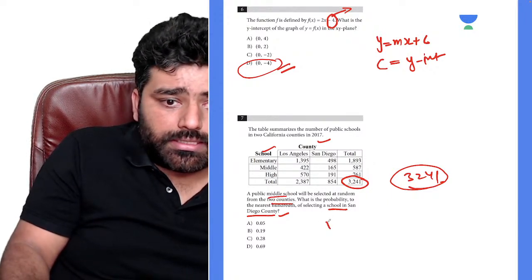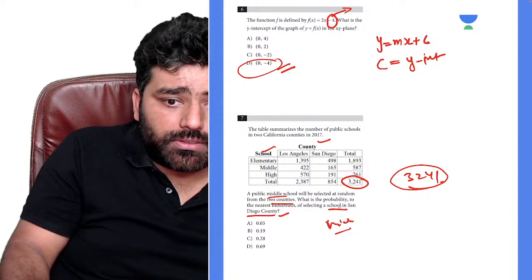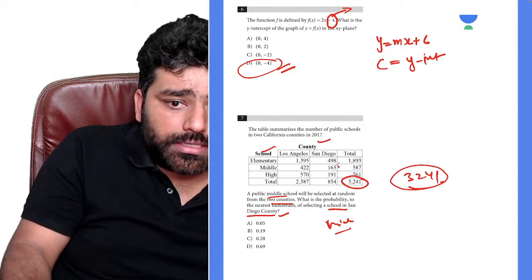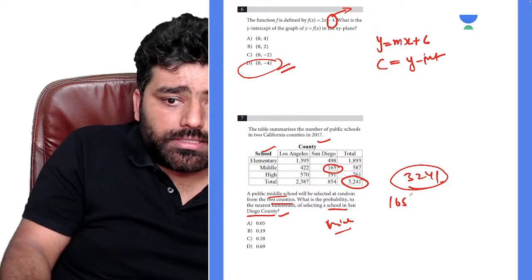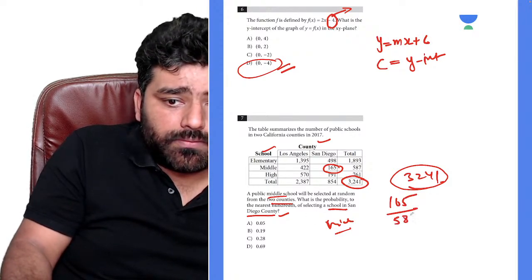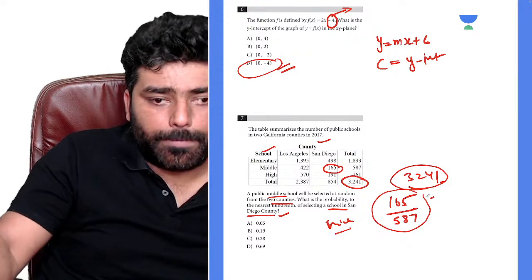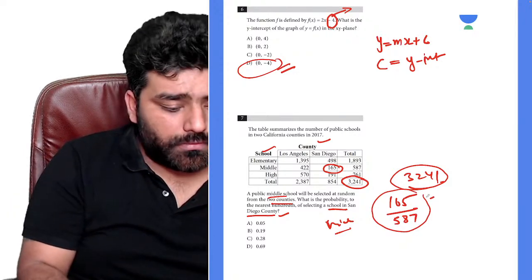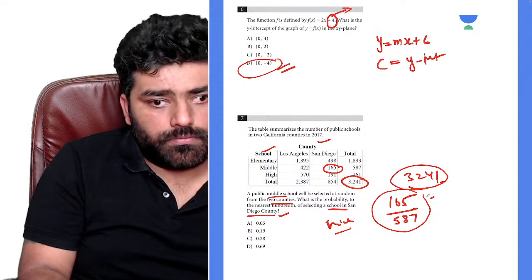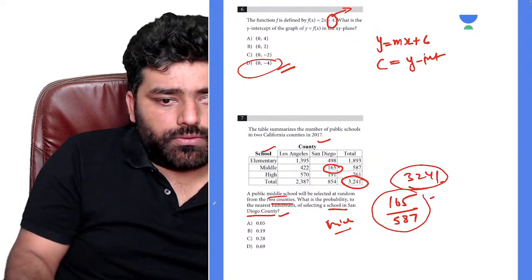What is the probability, to the nearest 100th, of selecting a school in San Diego County? Okay, that means we need the middle school, and the middle school will be from San Diego. So that is 165 divided by 587, right guys? So what will that be approximately? 0.28.